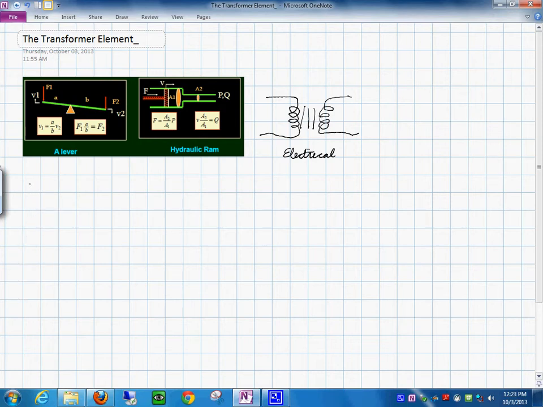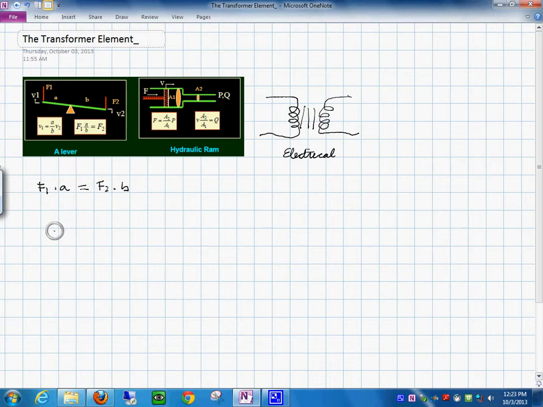Isn't it true that for this lever to be in equilibrium, you would have to say F1 times A is equal to F2 times B? The force over here times this is the force over here times this.